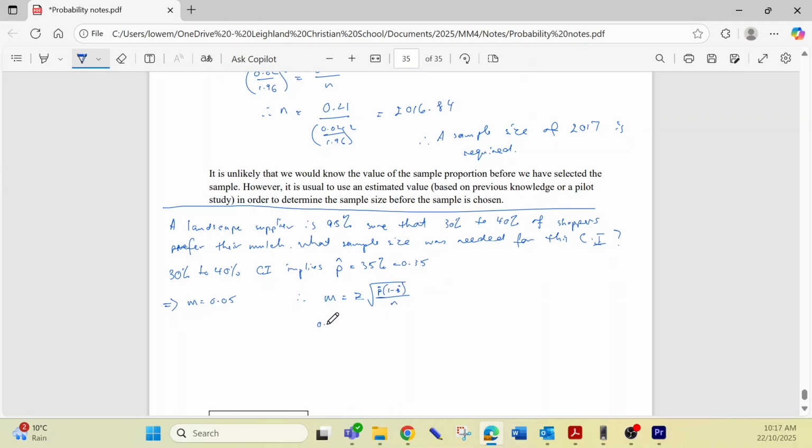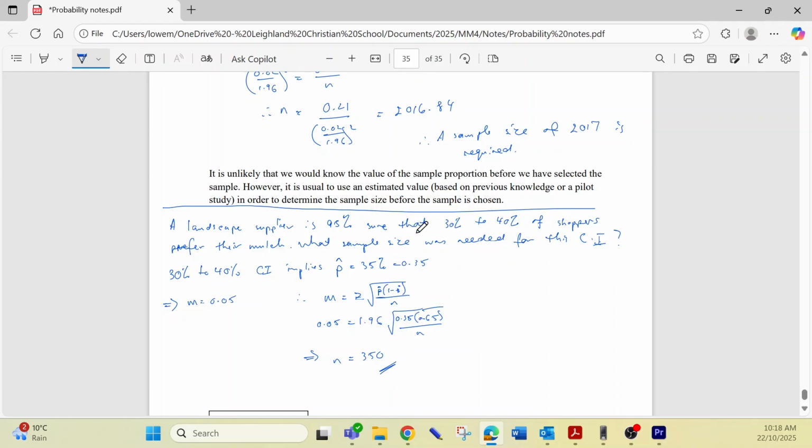So that's 0.05 equal to 1.96 times the square root of 0.35 times 0.65 over n. Solving for n in the same way as the previous one, that would be 350.